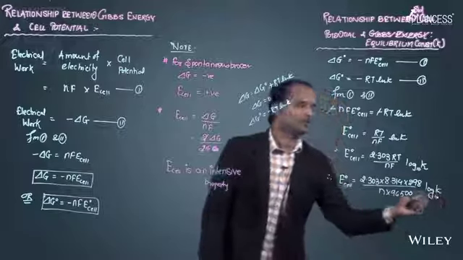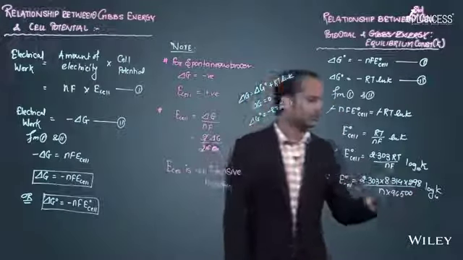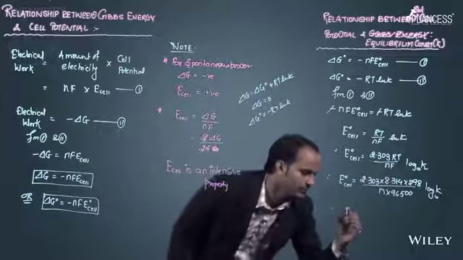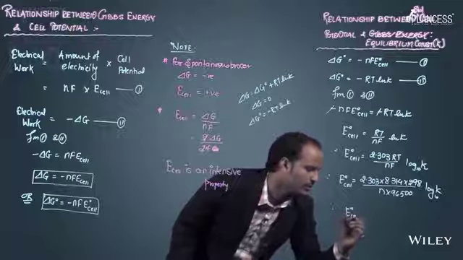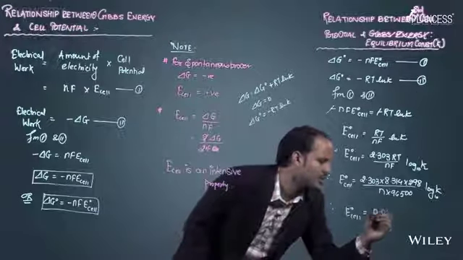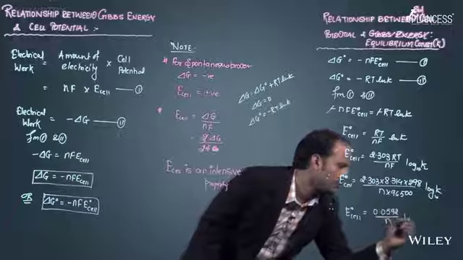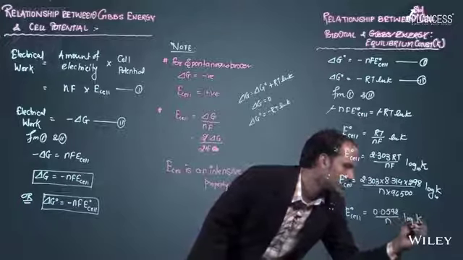The same values were used in the Nernst equation also, so on multiplying and dividing you will get a number. E naught cell is equal to 0.0592 upon n log to the base 10 K.